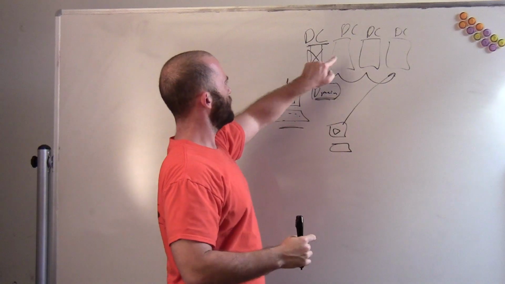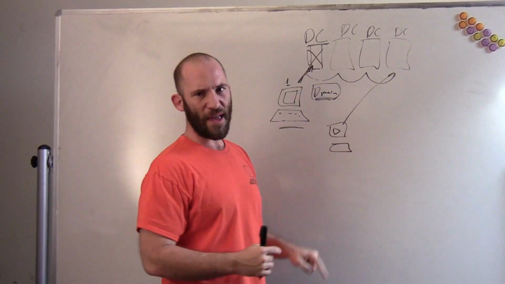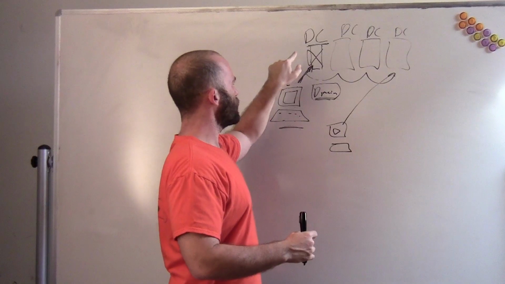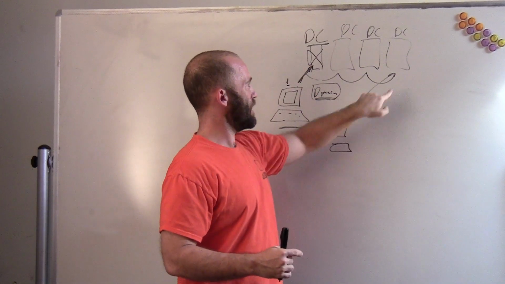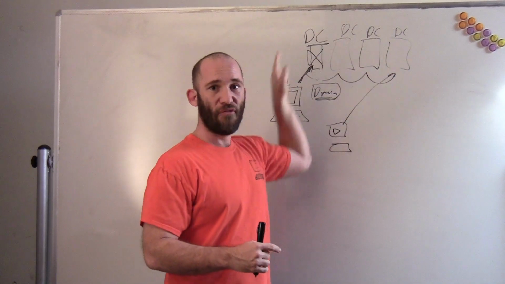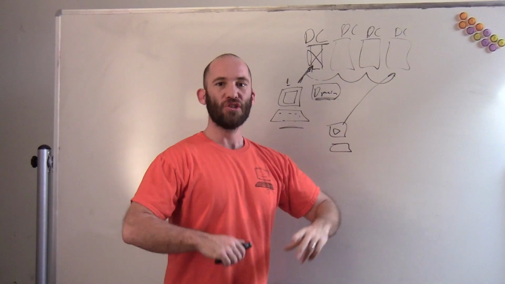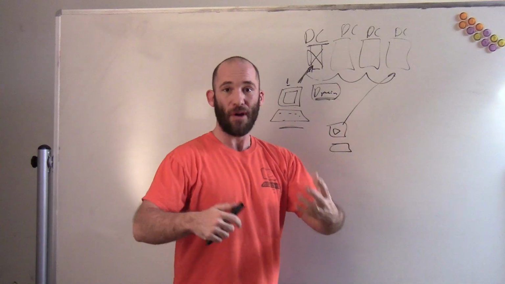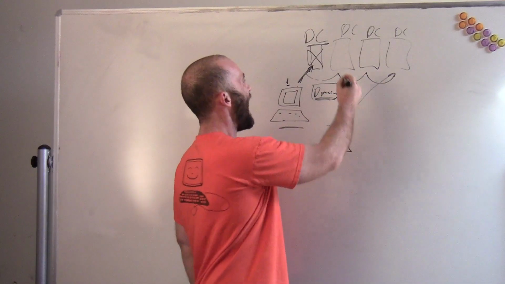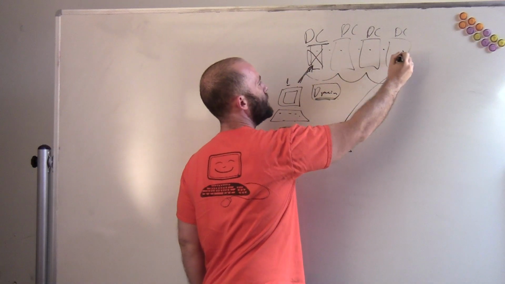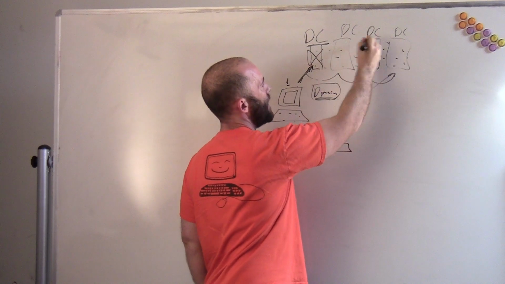Well, now you're thinking, there's 4 different domain controllers here. How does domain controller 1 know that password got changed on domain controller 4, and vice versa? Well, this happens through replication strategies. Replication is how data is copied between all of these domain controllers.